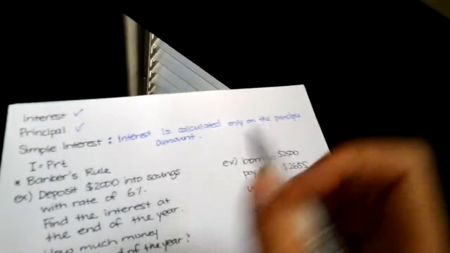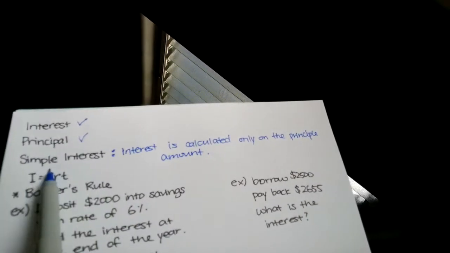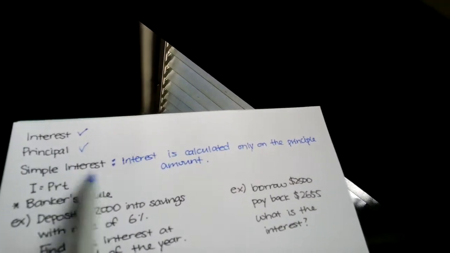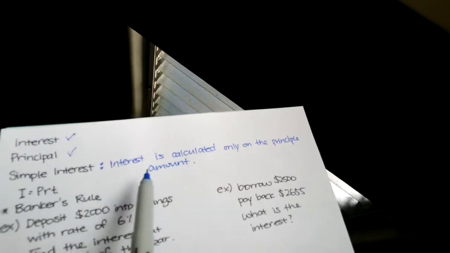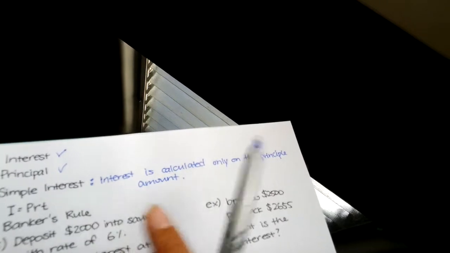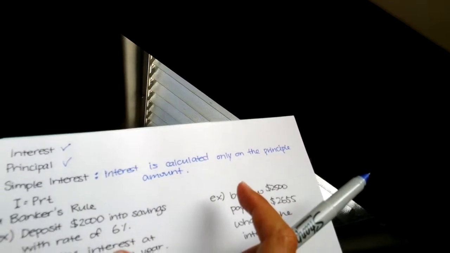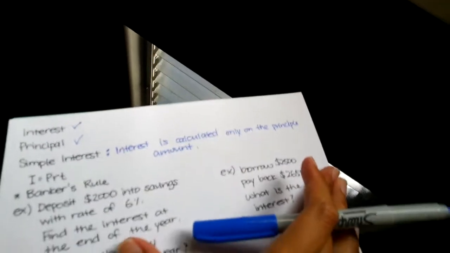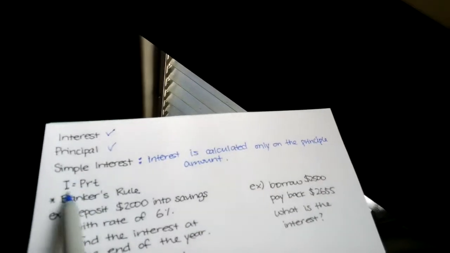So you don't accumulate more as time goes on, because simple interest means the interest is only based on the principal amount. Whereas on the other ones that we're going to look at later, we'll have some interest and then we'll increase that amount that we take the same percentage of. So it'll kind of snowball as we go along. We'll talk about it when we get there.